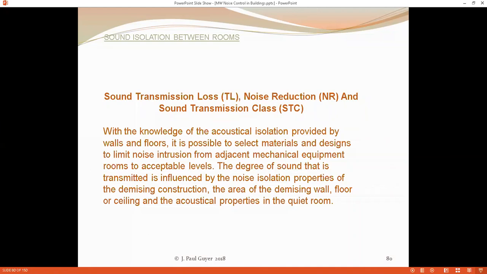So you've got your wall constructed with 2x4 wood studs, 16 on center, but you offset them so that the chipboard on the source room side is attached to one set of studs, but the chipboard on the receiving room side is attached to a separate set of studs.